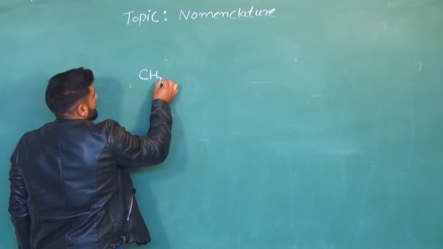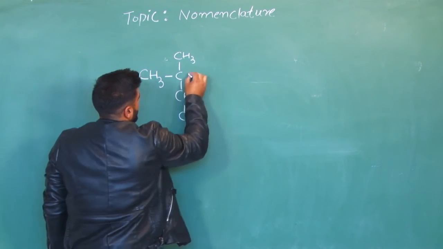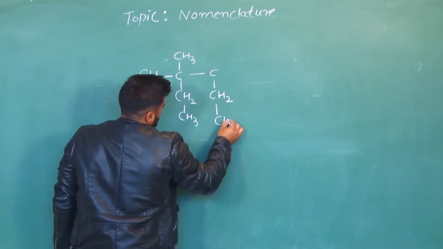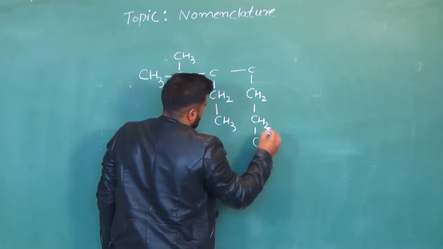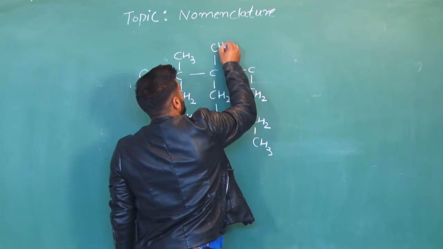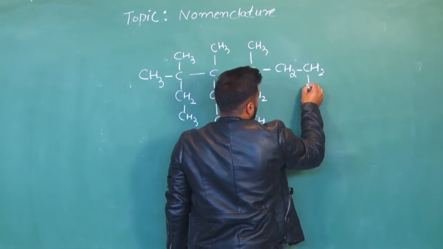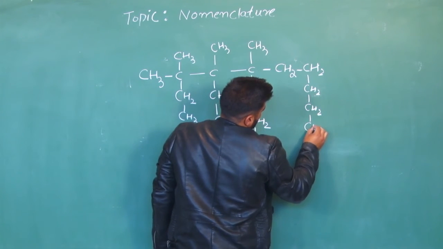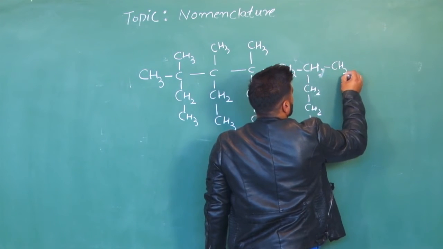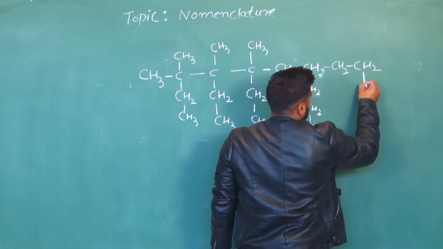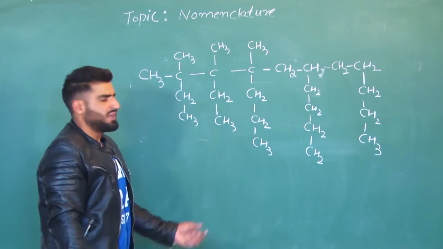Suppose I have an organic compound like this: CH3, CH2, CH3, then CH2 and CH3, then CH2 and CH3, then CH3 again, CH2, CH2, CH2, CH2, CH2, CH2, CH2, CH2, then a single bond, CH2, CH2, CH3. Suppose I am given this organic compound.